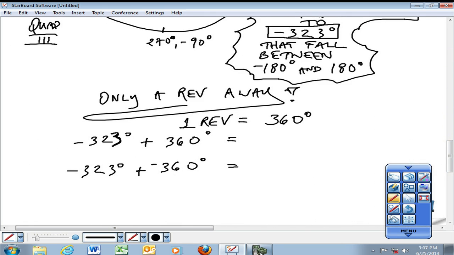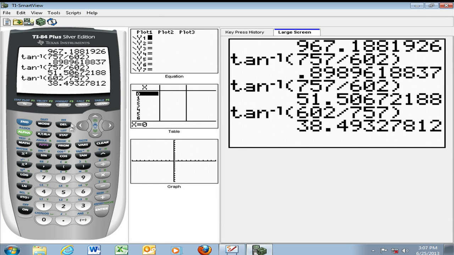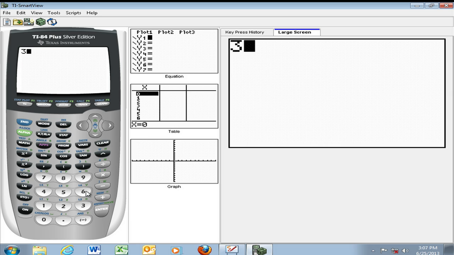Let's do that on your calculator. That's your 360 minus your 323. So we know 37 degrees is one equivalent angle.